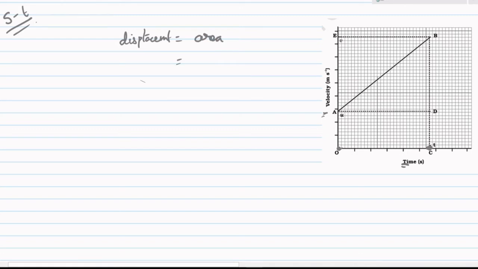Now can I divide this area into area of this triangle and this rectangle? Yes. So the triangle ABD and the rectangle AOCD. Now let's see how can I find the area exactly. Area of the triangle is nothing but half base into height.